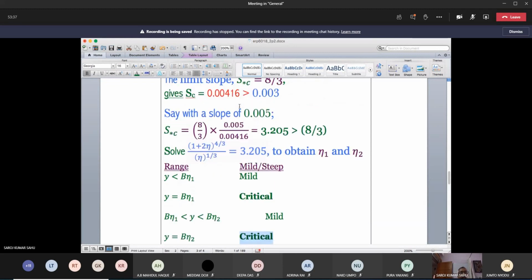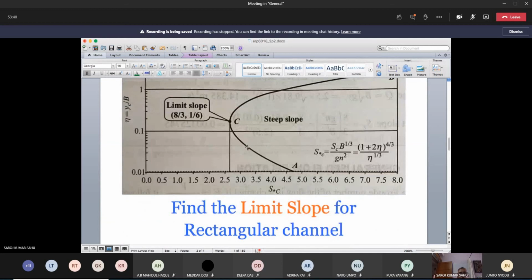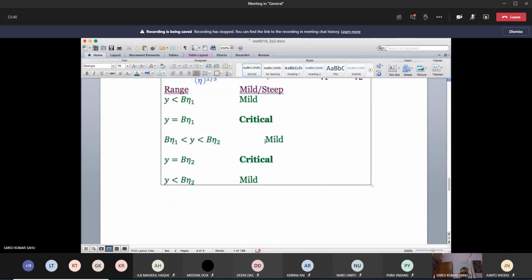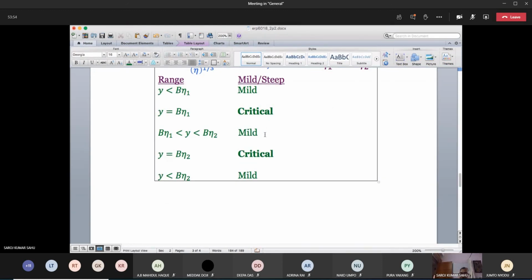Y less than beta 1, these are the two values where it is critical. And less than this, the slope is mild. In between beta 1 to beta 2, the slope is steep.